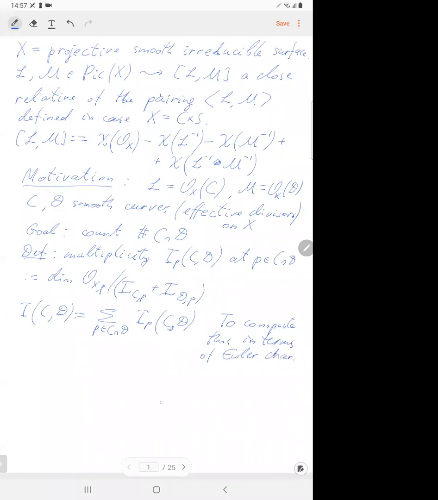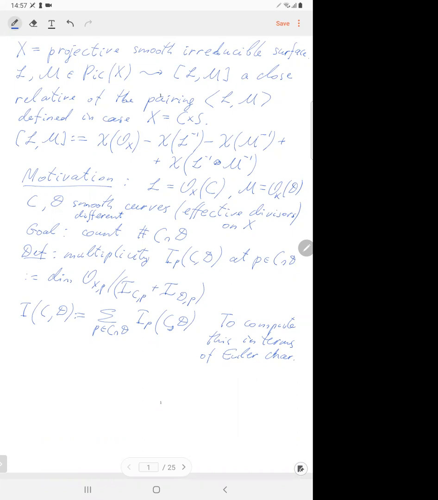Oh yes, certainly, because maybe I should say that they're smooth and distinct, I mean different curves. So they don't have common irreducible components. That's what I mean.